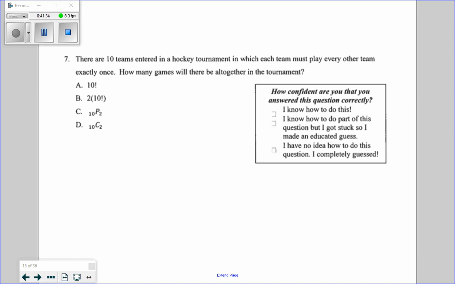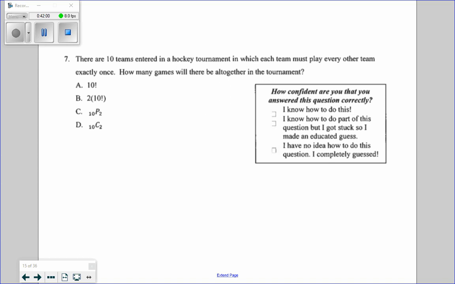this a combination? So there are 10 teams entered in a hockey tournament in which each team plays every other team exactly once. How many games will there be in the tournament? Okay, so team A is playing team B. Is that the same thing as team B playing team A? Yes.